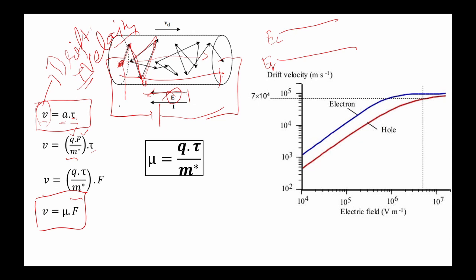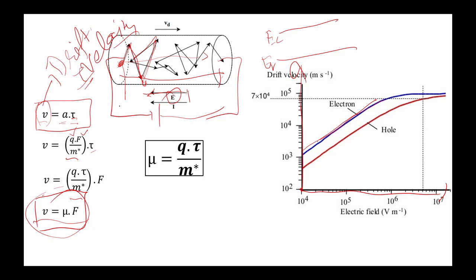When we plot this drift velocity on the y-axis against the electric field, there is a straight line kind of relationship.